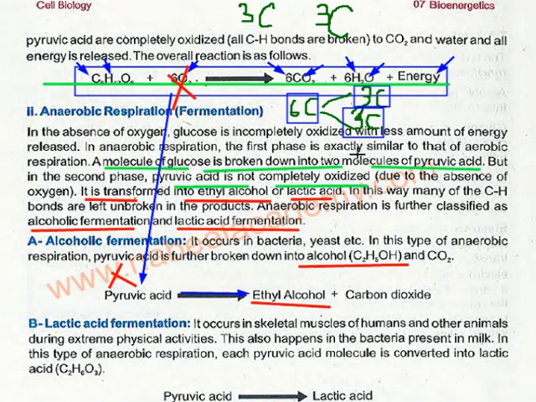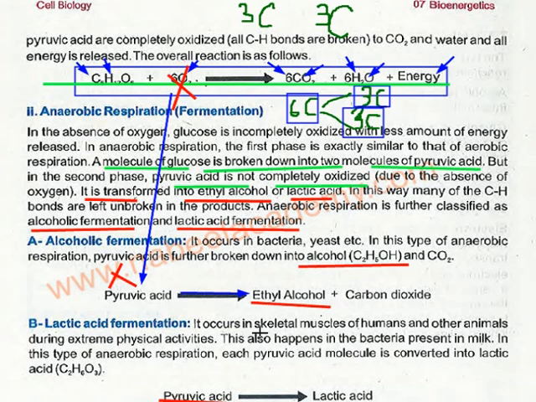Okay. Lactic acid fermentation is the fermentation in which, see, again the substrate is the same, the start of the reaction is the same, which is the pyruvic acid. This lactic acid fermentation occurs in our body when we are having strenuous exercise.